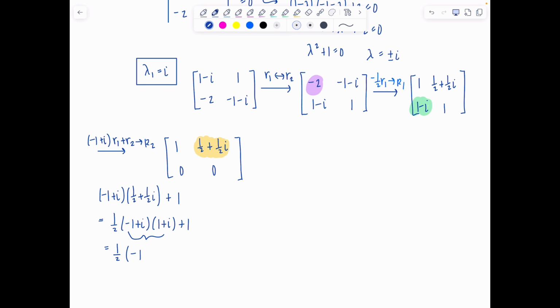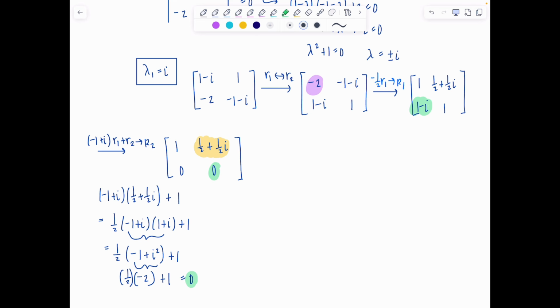Negative 1, and then plus i squared. Good. Plus 1. So yeah, this is negative 2 times 1/2 plus 1, which is indeed 0, as we suspected, right? We got a 0. Good? You guys okay?